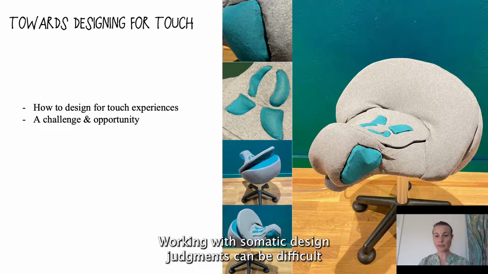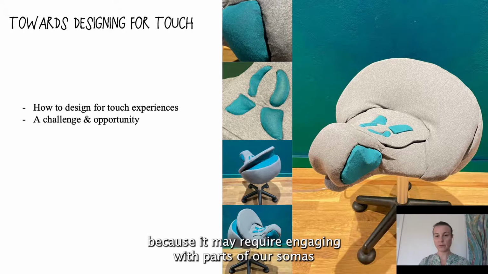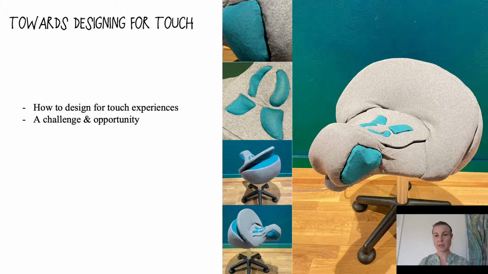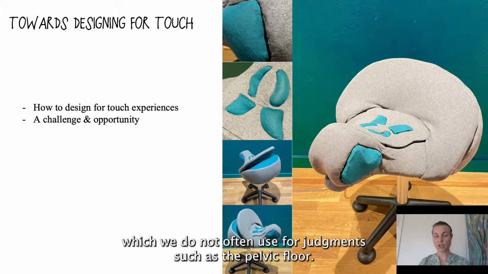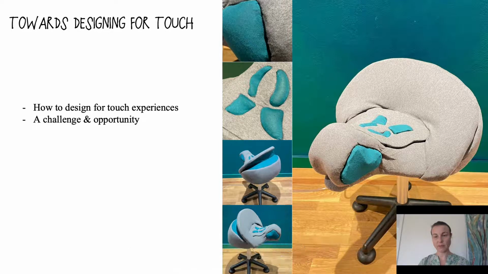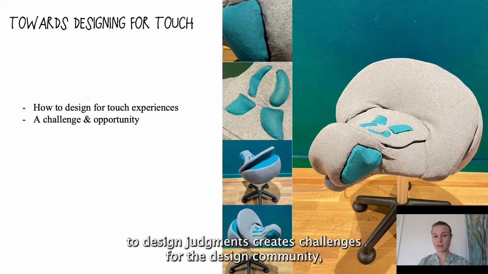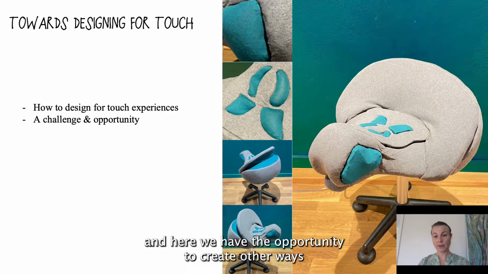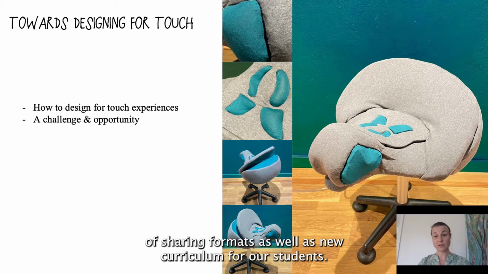Working with somatic design judgments can be difficult because it may require engaging with parts of our somas which we do not often use for judgments, such as the pelvic floor. Like any skill, it needs practice. This somatic approach to design judgments creates challenges for the design community, and here we have the opportunity to create novel ways of sharing formats as well as new curriculum for our students.